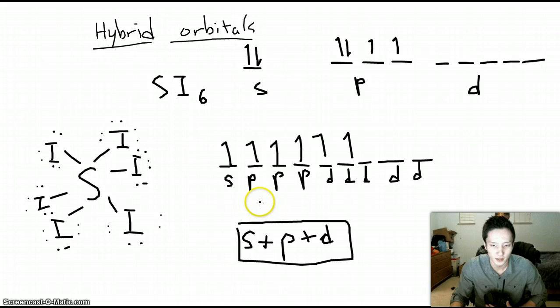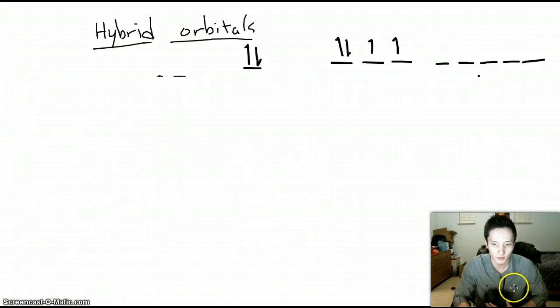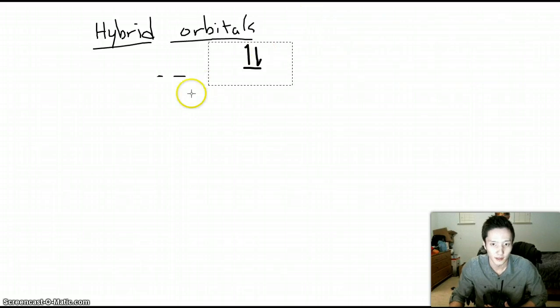In this case, we call this sp3d2. Why? Because we have one s, three p's, and two d orbitals that are being used. So sp3d2.